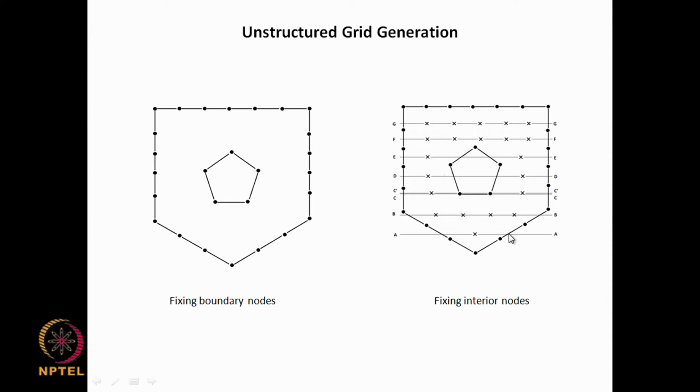Once you do that, you are now in a position to see what is the length between the intersections which is part of the computational domain. For example, if I take this line here, this part from here to here is inside the computational domain, and this part is outside the computational domain. So, I can find out from this intersection what is the length of this line which lies inside the computational domain.